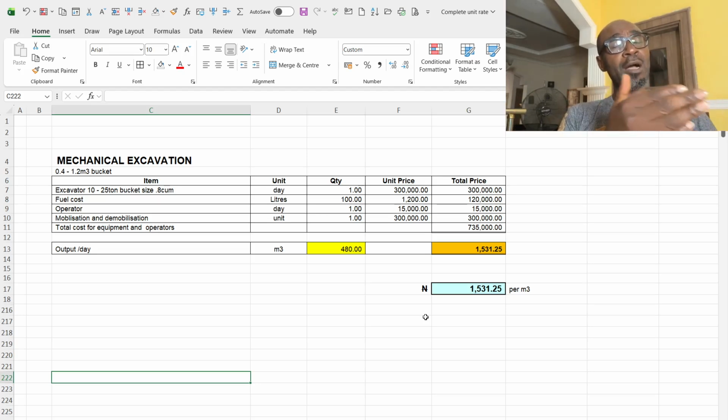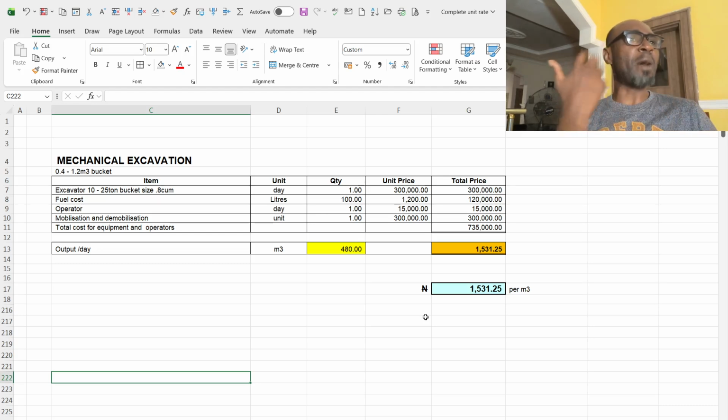You go for the medium. Or if your excavations are trenches, you need to go for the smaller size, which are basically the backhoe and the ones that fall within that category, within 0 to 5 ton.